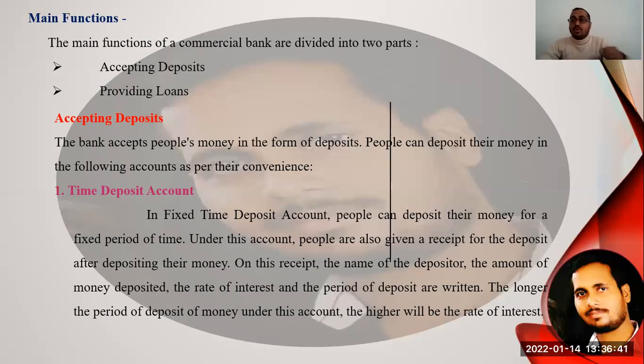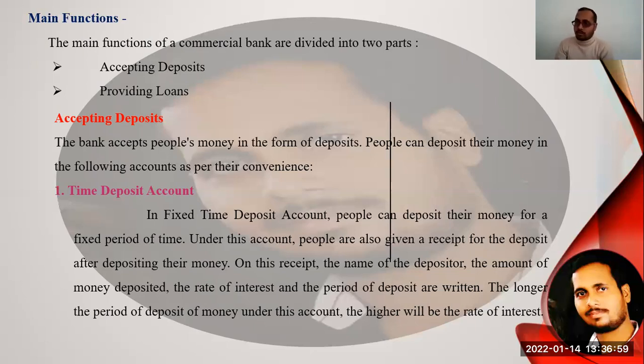There is no problem for the bank in using that money for investment purposes. So when the period is defined, the bank can use it easily, and if the period is longer, then the bank is able to earn profit for a long period.